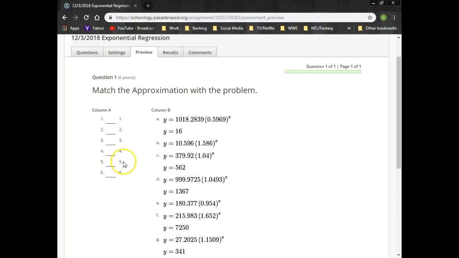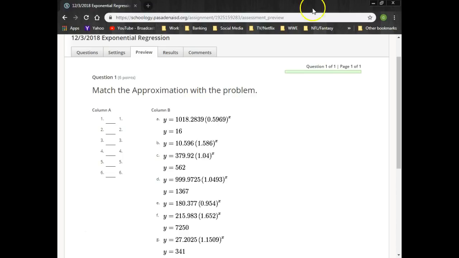So you're just going to type whatever you see for the most part. Now, be careful because on number 2, at the bottom it says using X equals 1 to represent the year 1986. So instead of typing 1986, I'm going to use 1 for 1986.